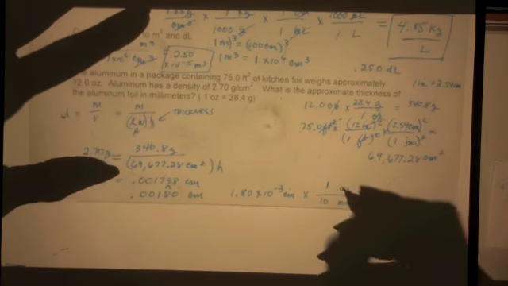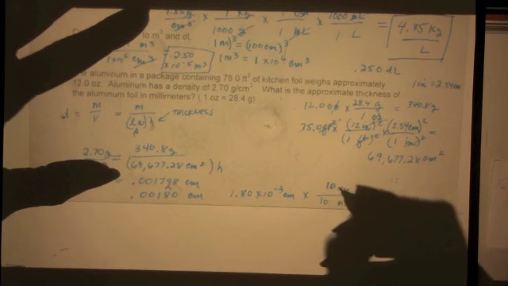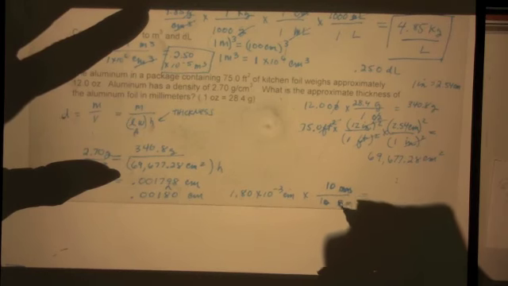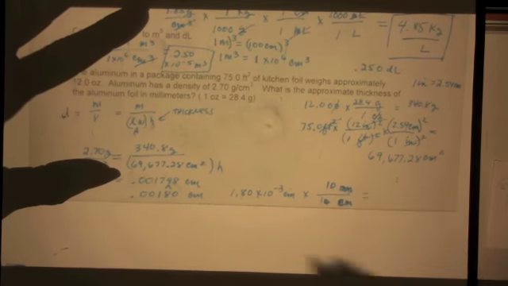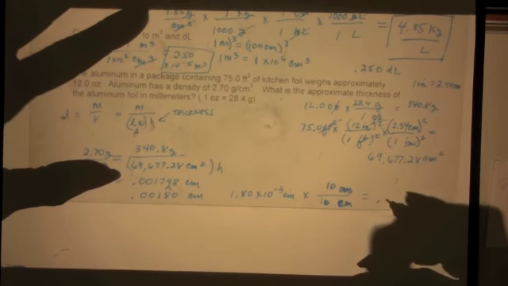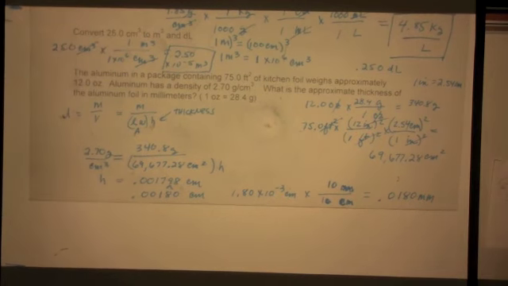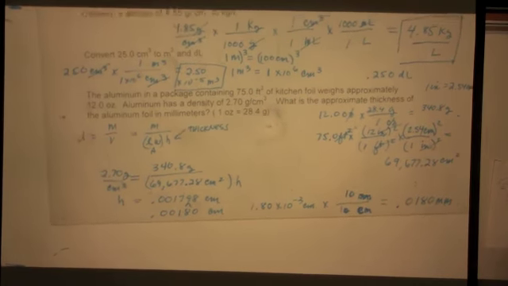Oh, I've got it upside down. I knew there was something wrong there. There's the millimeters, and then this is centimeters in the denominator. You're multiplying by 10, and it should come out to be 0.0180 millimeters. All right. Okay, we're almost there.